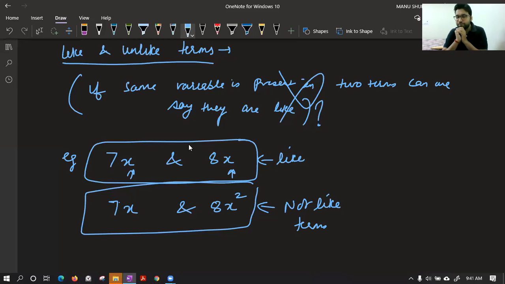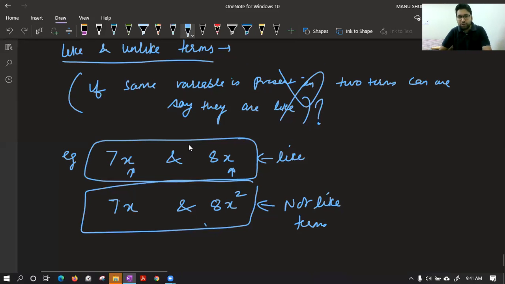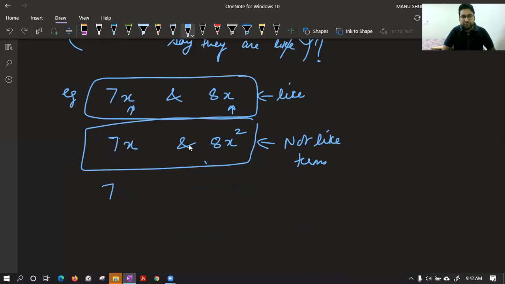Okay, fine. Now similarly, if I give you one more example, 7x square y and 8xy square. Here also we have the same variables. Can we say they are like terms? Are these like terms?